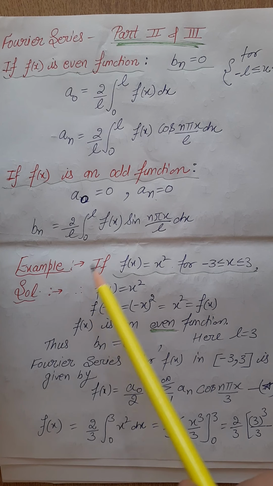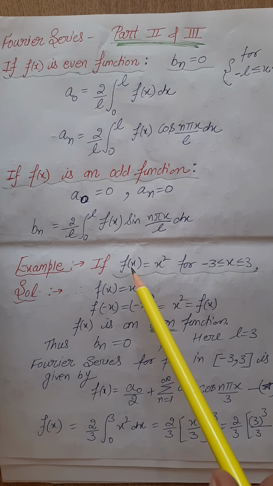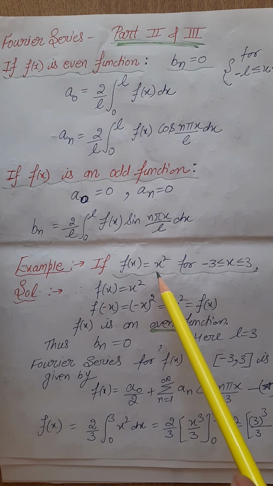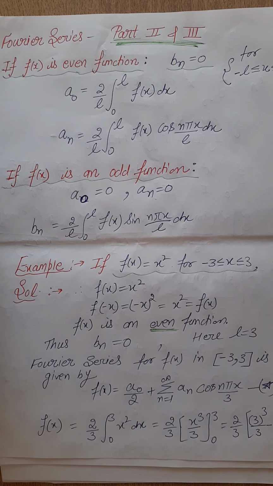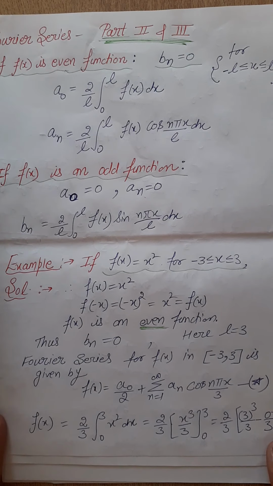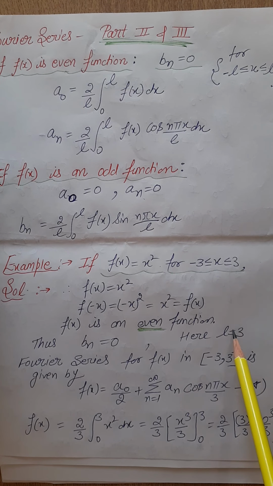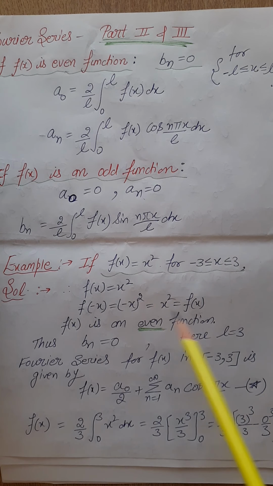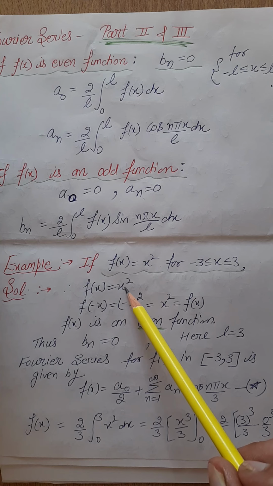To prove our definitions, we take an example. If we take the function f(x) equal to x square, and here the interval is minus 3 to 3. So, in this question, we have our limit L equal to 3. We write here f(x) is equal to x square.